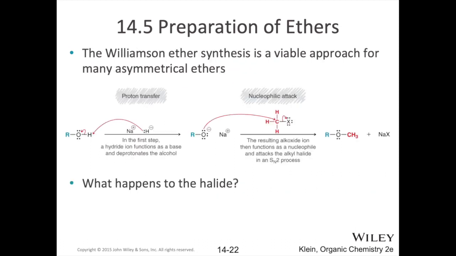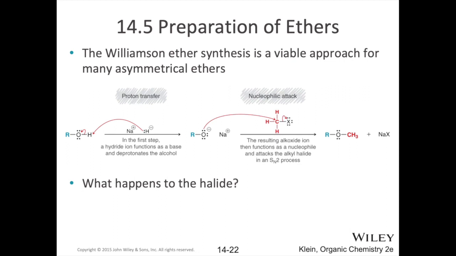So how can we control things? To do that, we're going to use the Williamson ether synthesis as a way to kind of force our ether to go down one direction. We kind of add things on one step at a time.